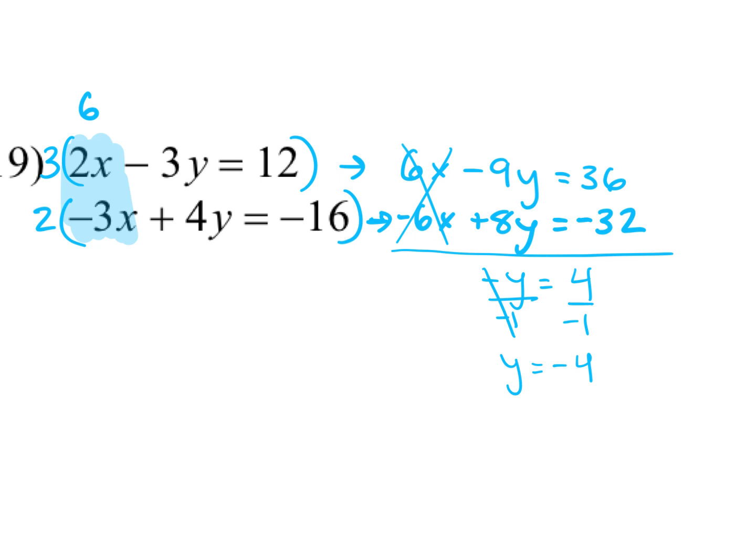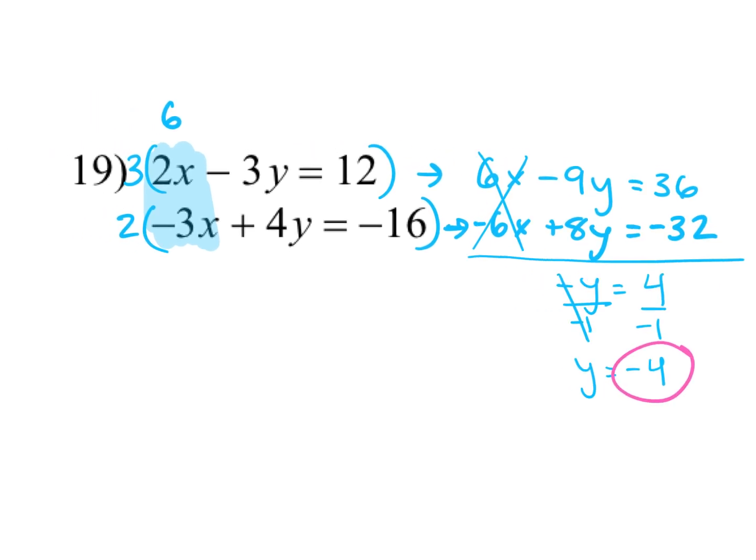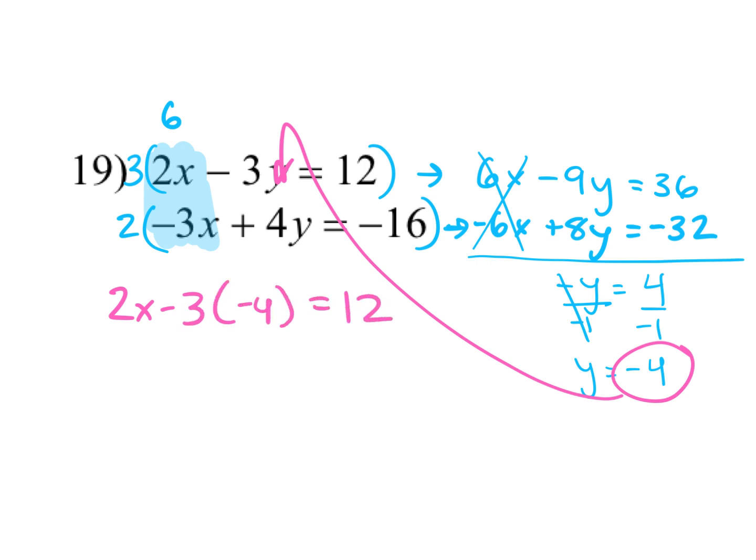Now we can take what y is equal to and substitute that back in to y in one of our first equations. So I'm going to plug it into the first one. So 2x minus 3 times negative 4 is equal to 12. What would I do next? Multiply. What's negative 3 times negative 4? 12, and that's equal to 12.